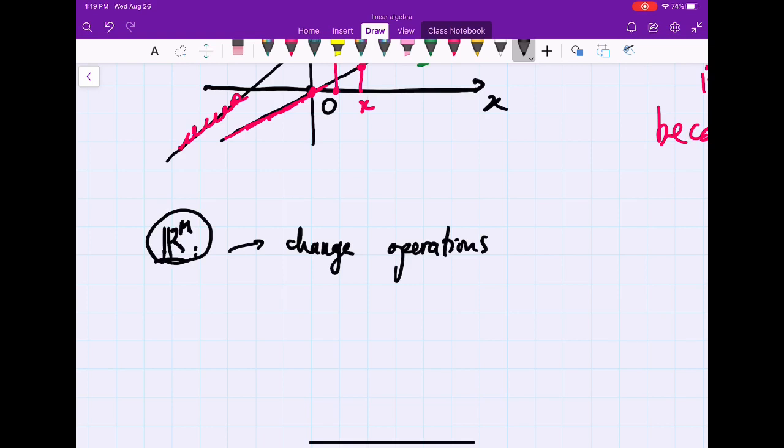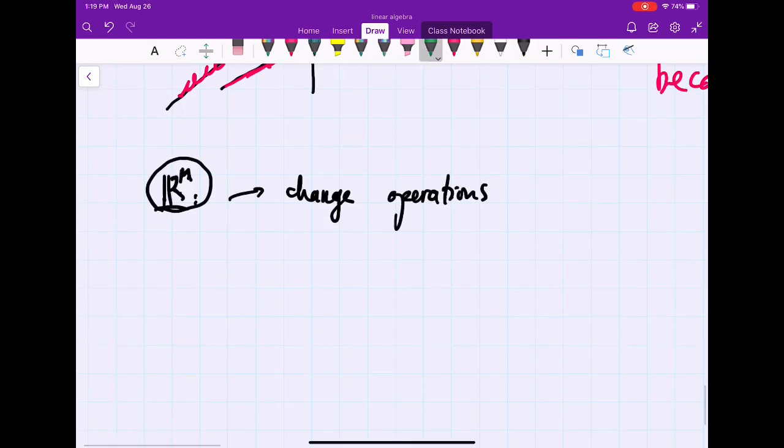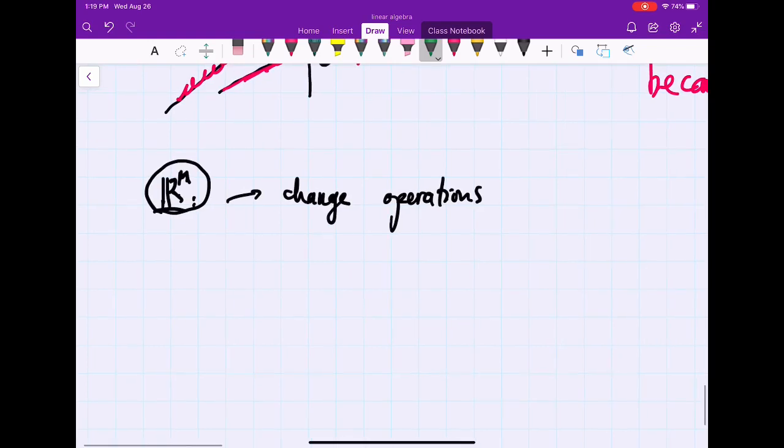In that situation, that set will not be a vector space with respect to new operations. Okay, so look at this. We can pick R2 because that is the easiest case, right? It is similar to Rn. So in R2 I will define, let's define the following scalar multiplication.